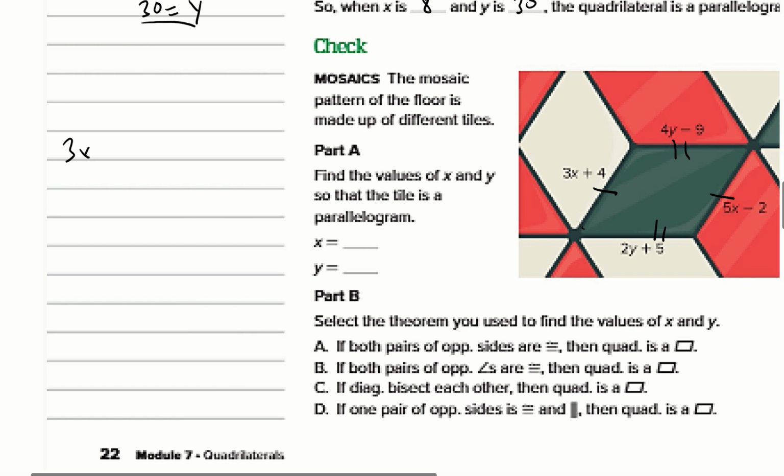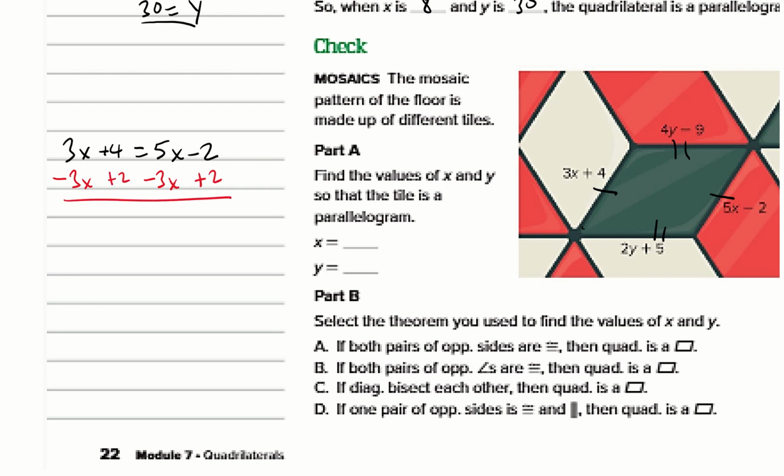So we got 3x plus 4 is equal to 5x minus 2. So we're going to solve this, subtract 3x on both sides, and then add 2 to both sides. We got 6 is equal to 2x, divided by 2, and so x is equal to 3.